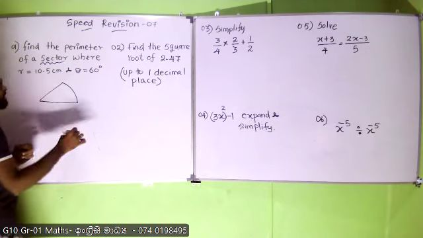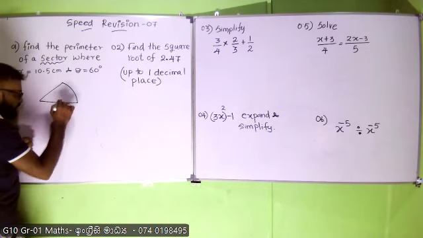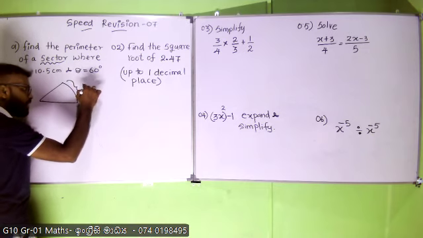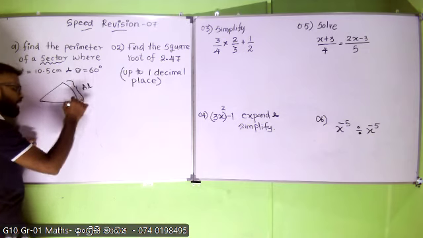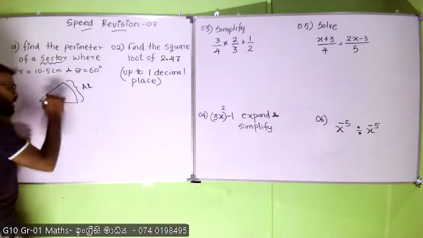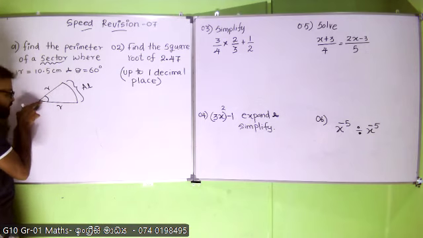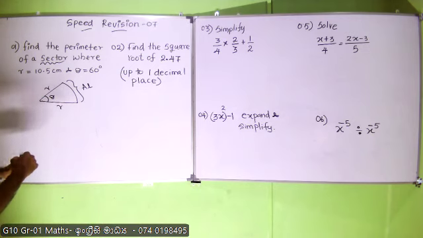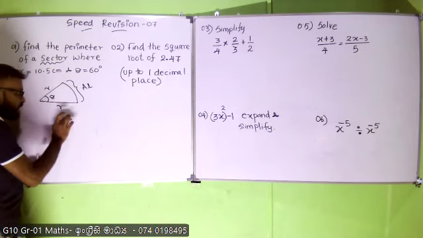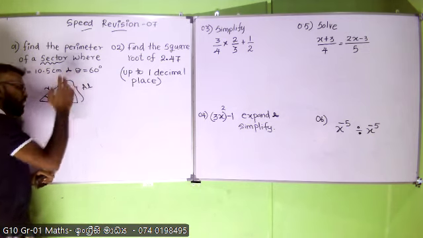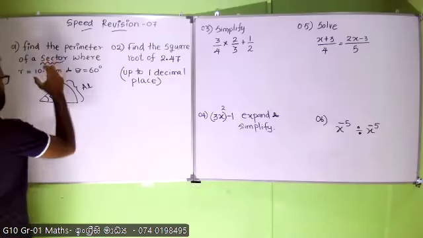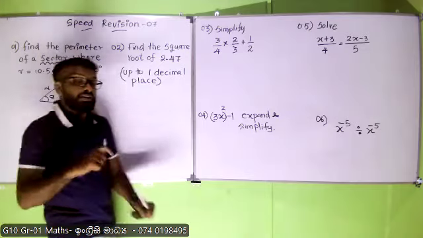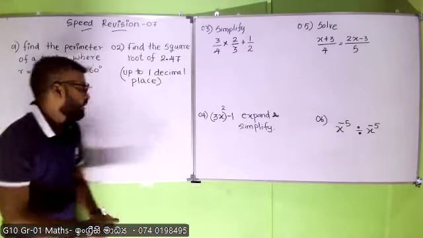A sector is bounded by an arc length, so this is called an arc, and 2 radii, and here you have the angle at the center, which is theta. Theta, 2 radii plus arc length is called a sector. You already know that, and I have given it in the table.